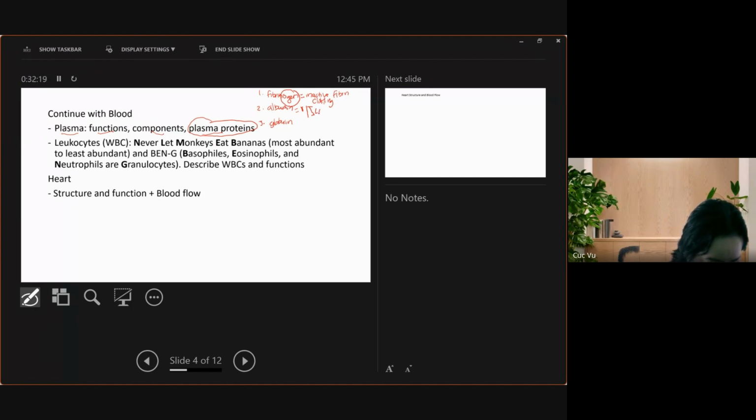Viscosity and osmolarity. In other words, it controls how thick blood is through the movement of water.